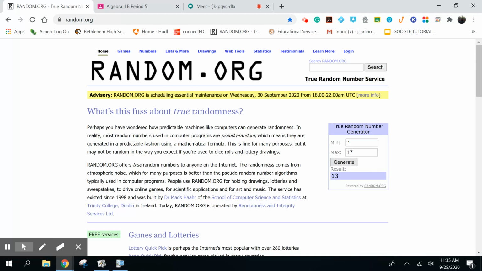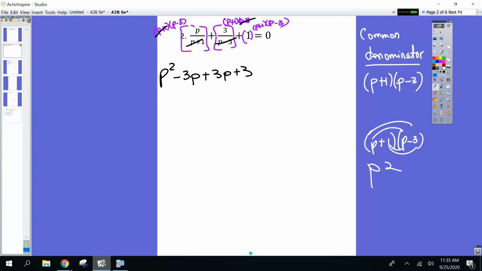Sophia, are you ready? I got p squared. What else do you have? Minus 3. Yep. Minus p. I get the negative 3p, and then you do 1 times p. Well, no minus though. Why? Right? This is plus 1, right? You see where I'm getting that from?